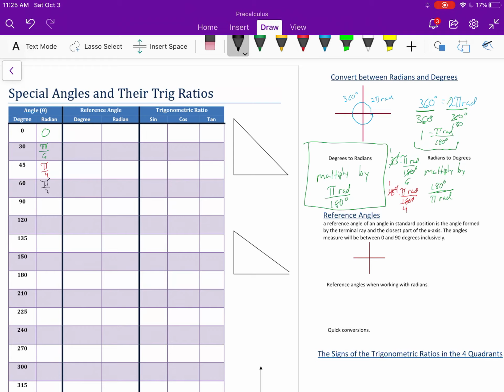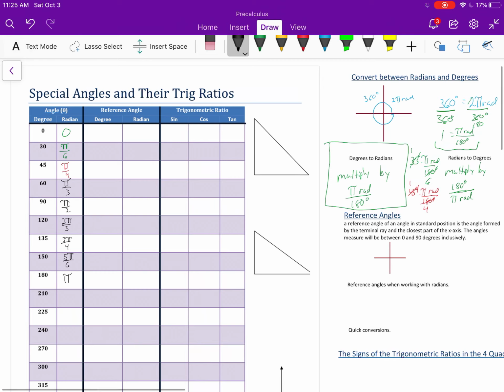So if you do that, you'll get pi over 3, pi over 2, 2 pi over 3, 3 pi over 4, 5 pi over 6, and pi. Now I do want you to notice, this is really helpful for thinking through things later.